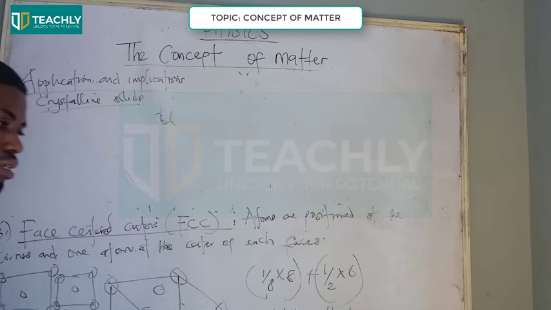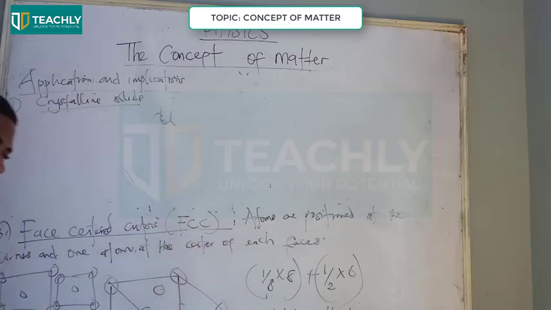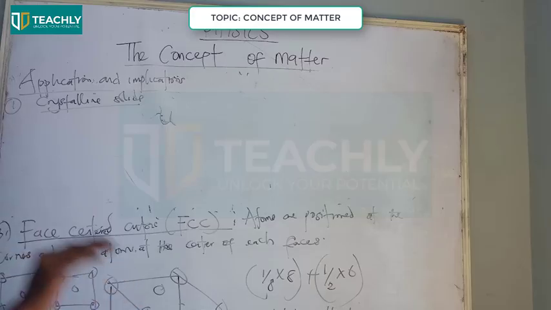For crystalline solids, materials like silicon are used in electronic devices due to their well-defined crystalline structure. Don't forget, I said that these crystalline materials have a well-organized structure. That is why we are using them in electronic devices. For instance, as I mentioned, silicon.